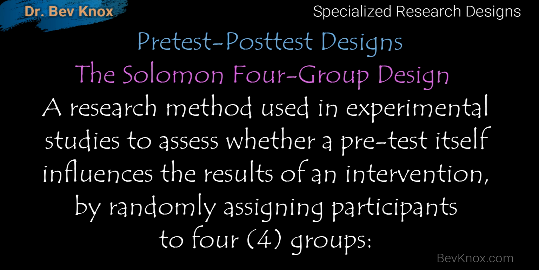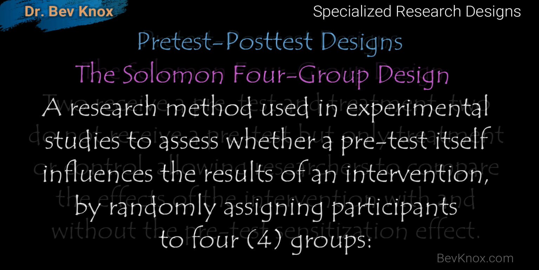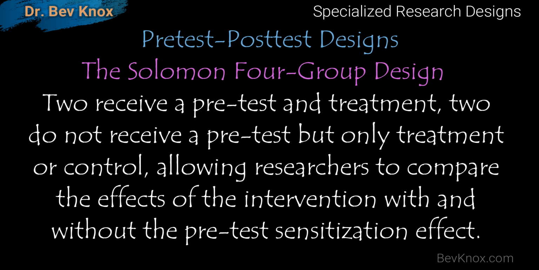Next is the Solomon 4-group design. It is a research method used in experimental studies to assess whether a pre-test itself influences the results of an intervention by randomly assigning participants to 4 groups. 2 receive a pre-test and treatment. 2 do not receive a pre-test, but only treatment or control, allowing researchers to compare the effects of the intervention with and without the pre-test sensitization effect.